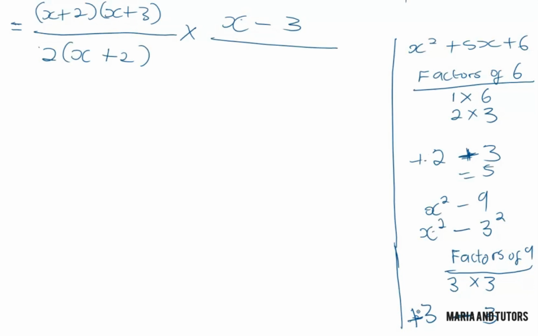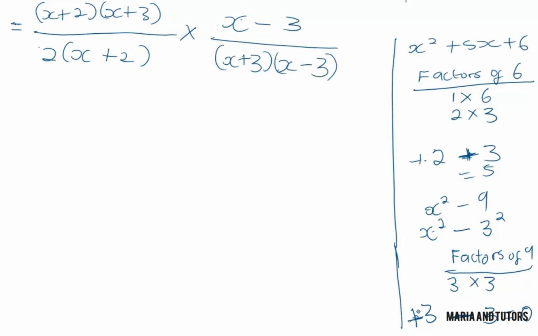We're going to have positive 3 minus 3, which will give us 0. Now we can factorize our expression. We open our two brackets: in the first bracket we have x plus 3, multiplied by, in the second bracket, x minus 3.